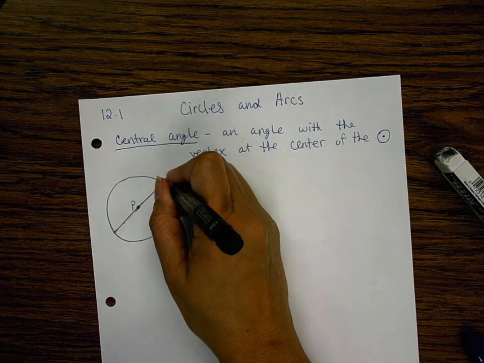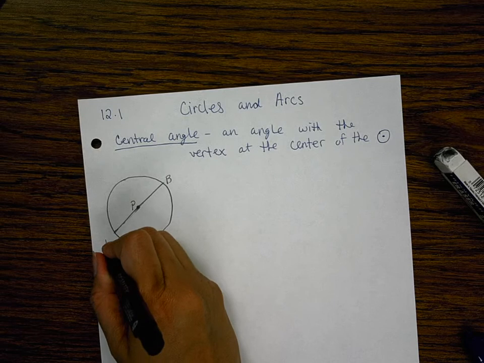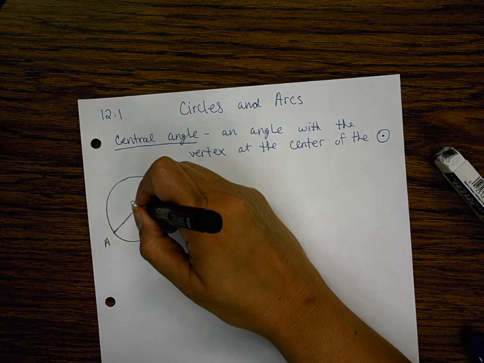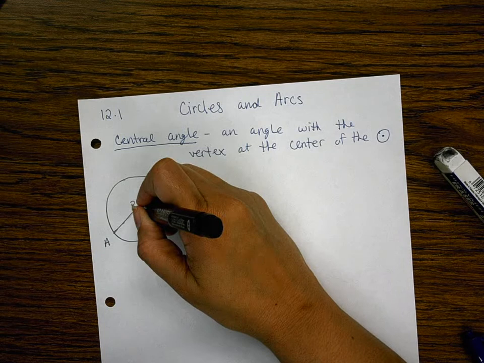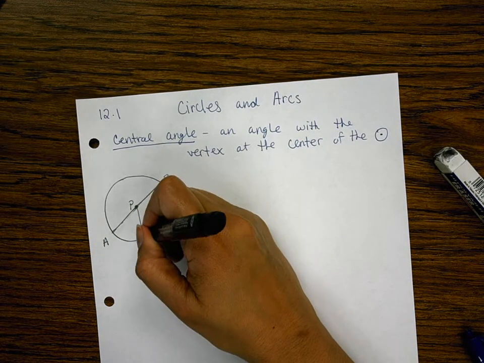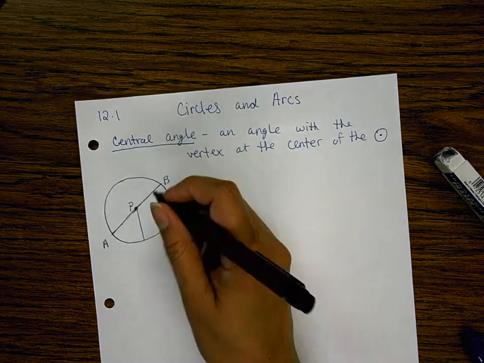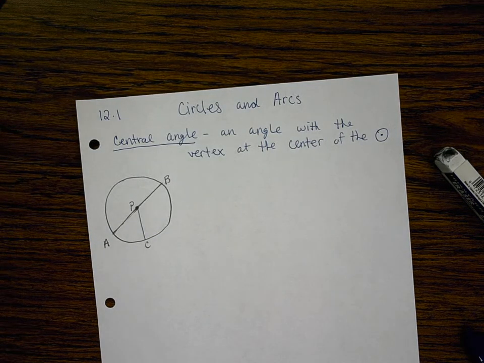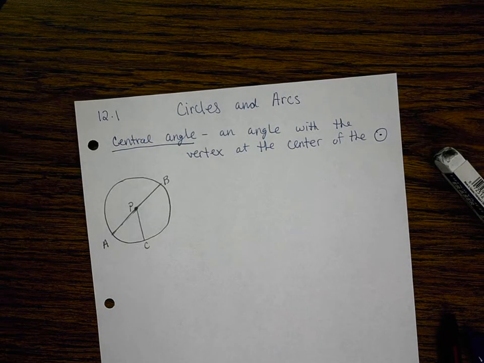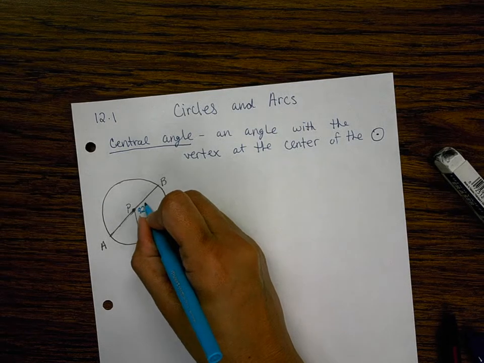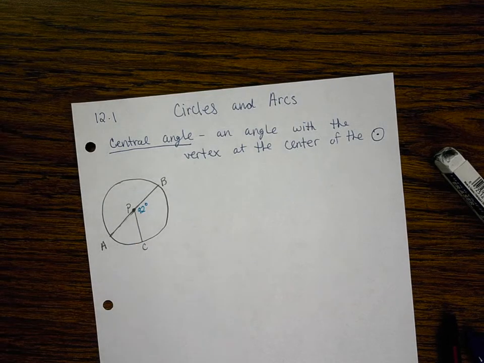Okay, I'm going to call this B. I'm going to call this A. And I'm going to draw a line like this. And I'm going to call this C. Okay, so I'm going to label this here 92 degrees.